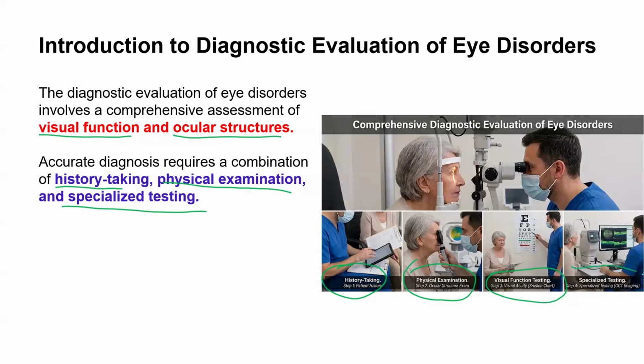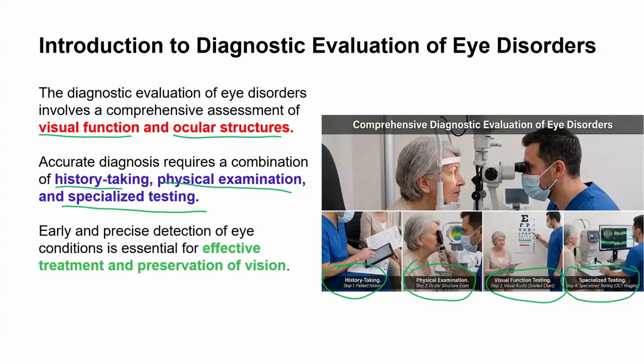So these are the methods used in the diagnostic evaluation of the eye: history taking, physical examination, and specialized testing. Starting with history taking, where you have the patient history, the physical examination to see the ocular structure, the visual acuity in order to see the visual function, and then the specialized testing like OCT imaging.